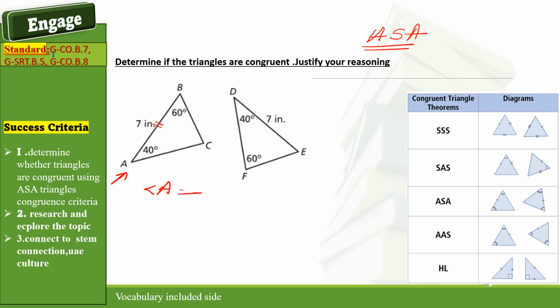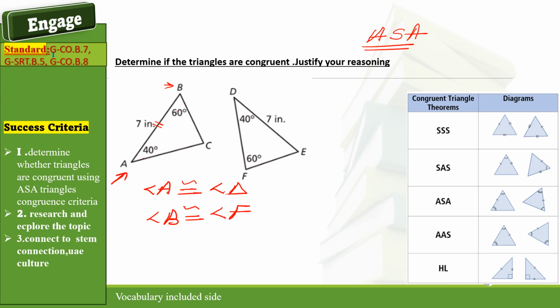So you can say that angle A is congruent to angle D. Now the second angle B is 60 degrees, and in the second triangle angle F is also 60 degrees. So you can say that angle B is congruent to angle F.